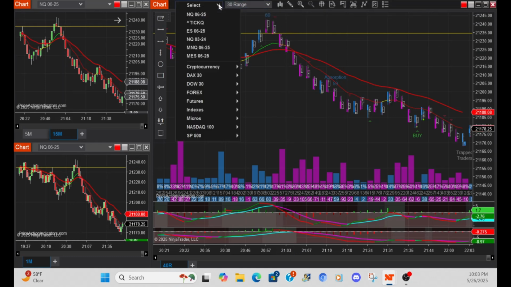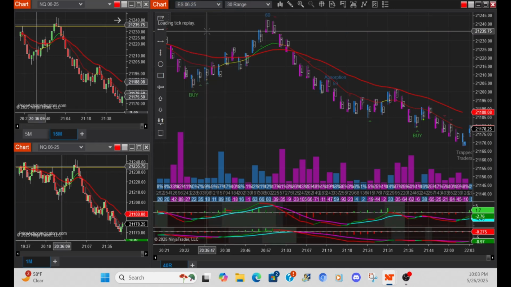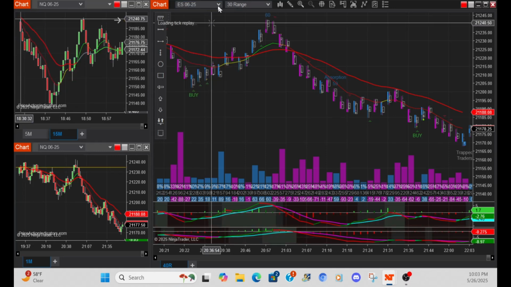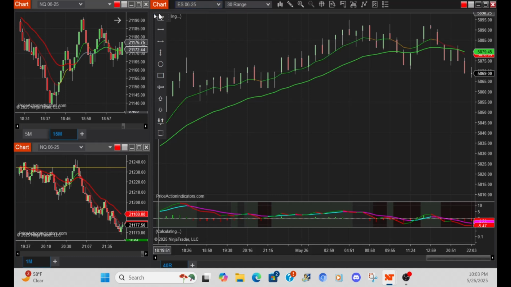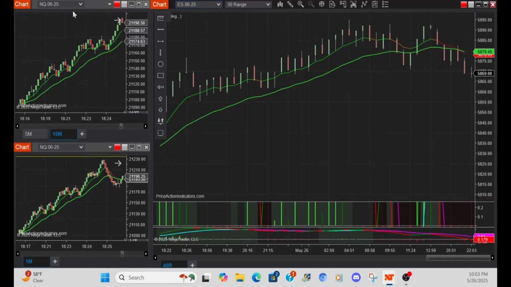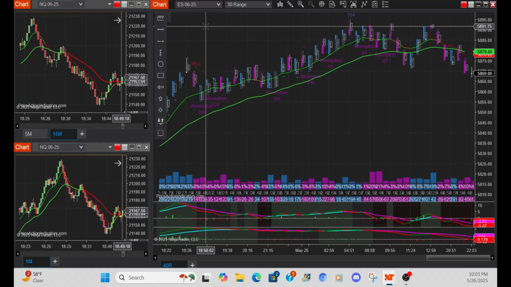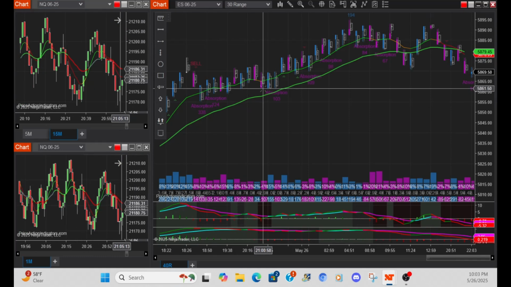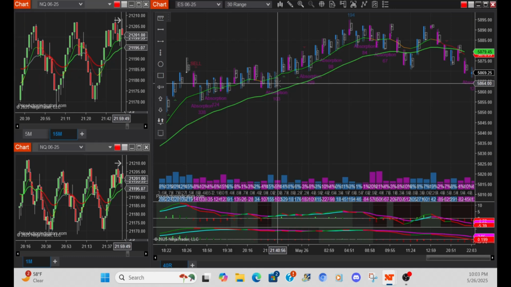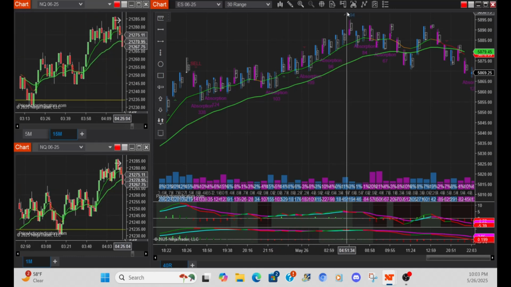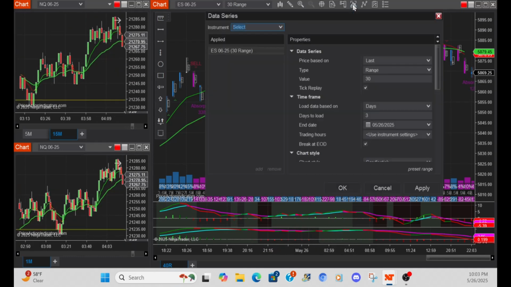All right, so I'm going to switch here to the ES, and you'll see here we're on the ES, and these here should change to the ES as well once we get locked in here. All right, now with the ES, we're going to want to change our range to the 15 range.